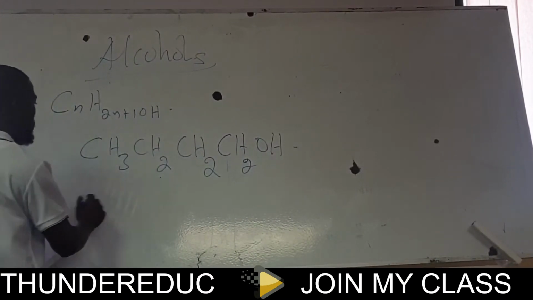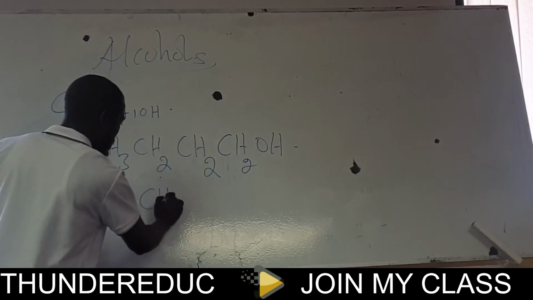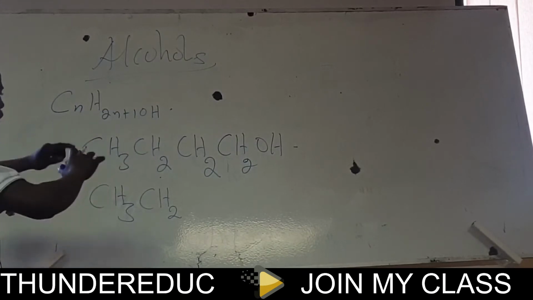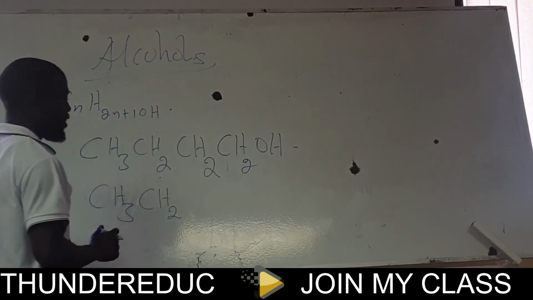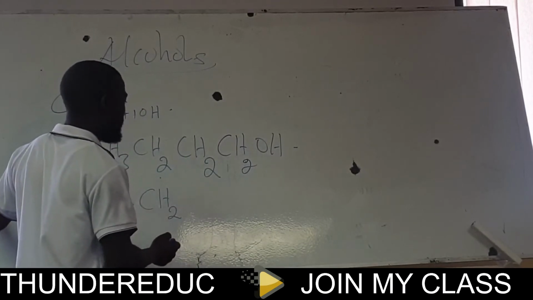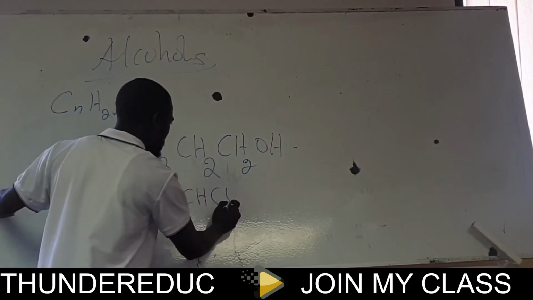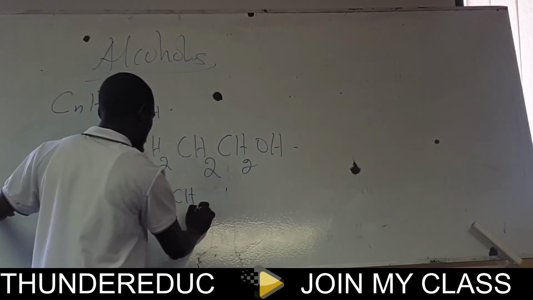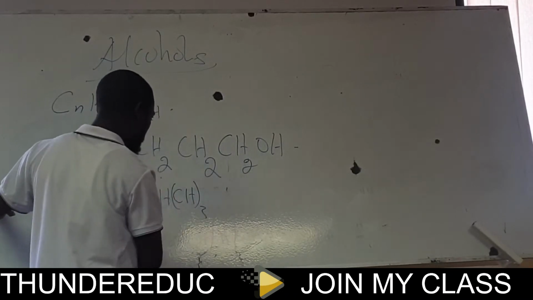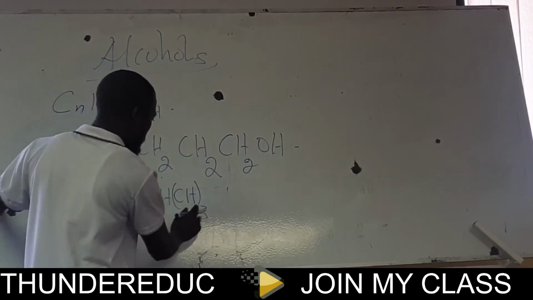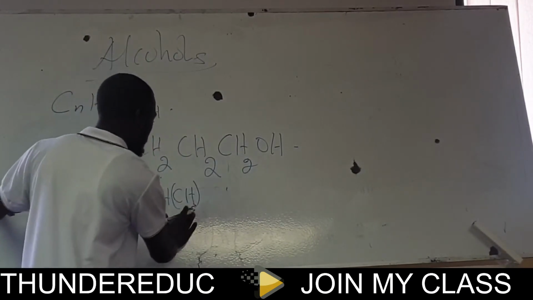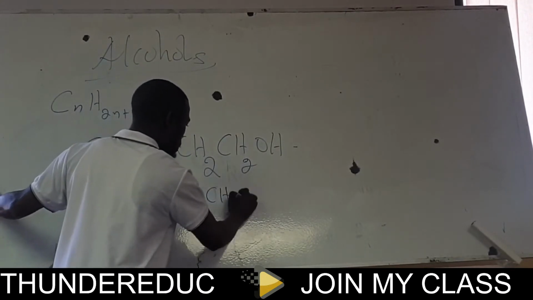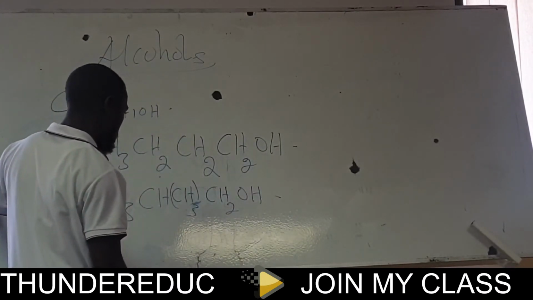Secondary alcohol: CH3CH2, should I use the technique of the brackets, or should I expand it? Bracket. CH3CH2OH.